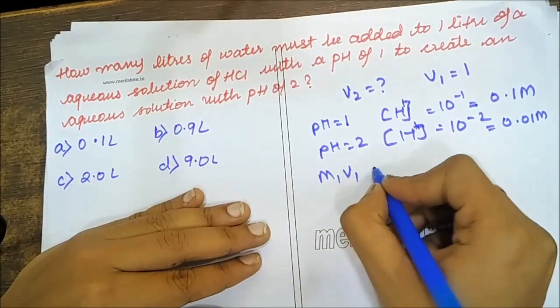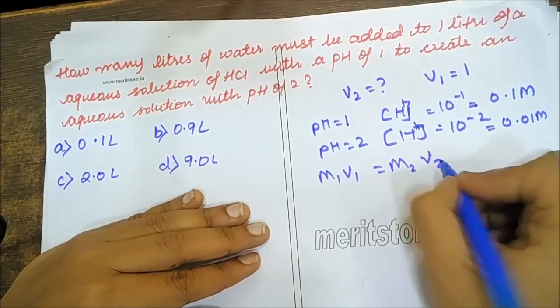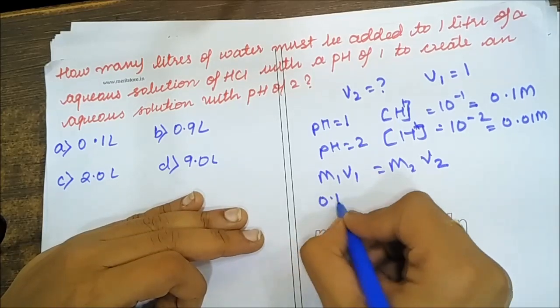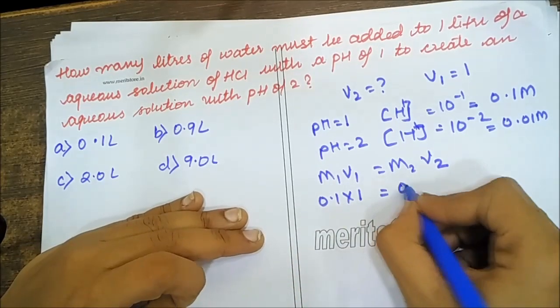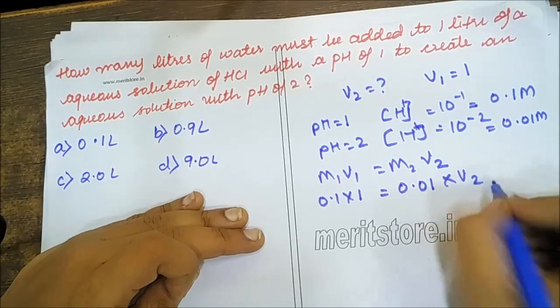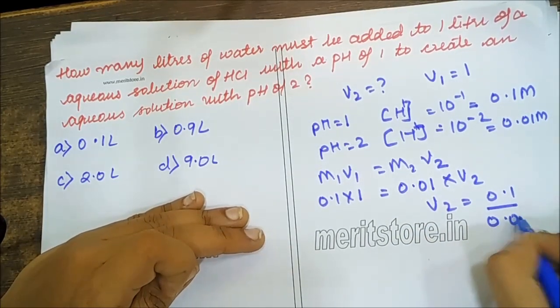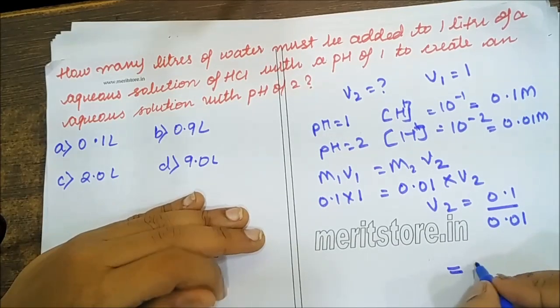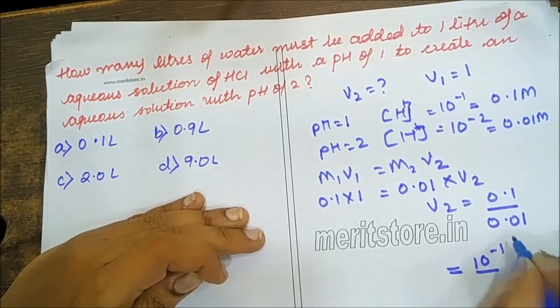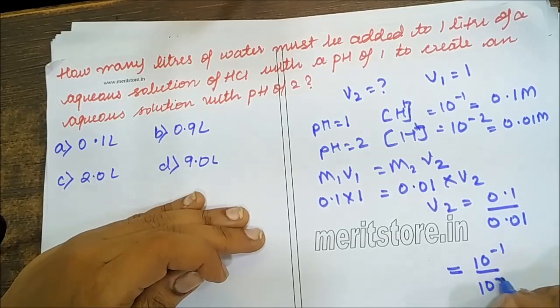Now we know M1 V1 is equal to M2 V2. So my M1 is 0.1, into 1, is 0.01 into V2. So my V2 is 0.1 upon 0.01. That's 10 raised to minus 1 upon 10 raised to minus 2, so 10 raised to minus 1 plus 2.